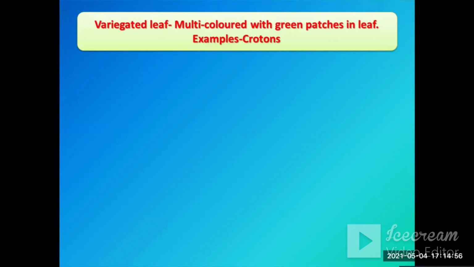The concentration of a different color will decide whether the chloroplast which is present in the leaf will be visible or not. So deep red color will mask, will cover up the color of the chloroplast. Okay, so it might be variegated. It might have some other colors in the leaf.